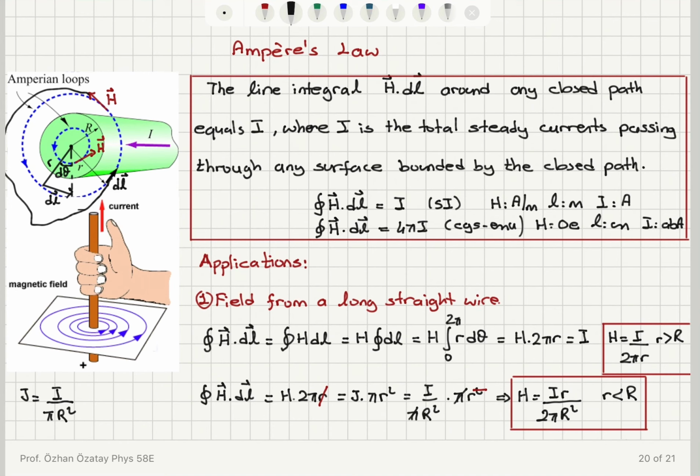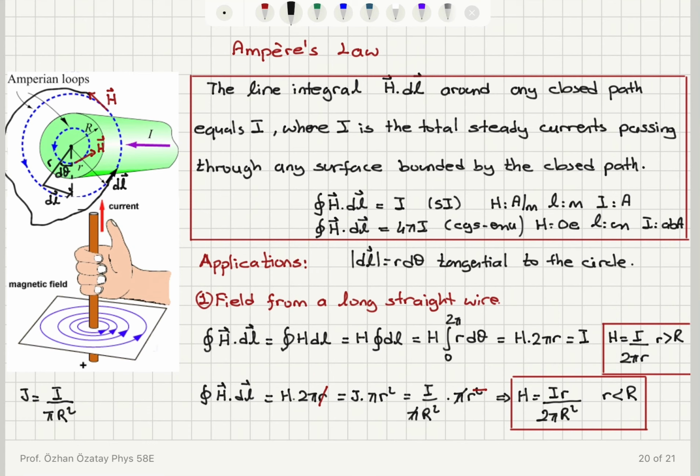So the dl magnitude here is equal to r d theta and tangential to the circle. You can see that if you decrease this d theta and it becomes really small, the dl vector is actually tangential.